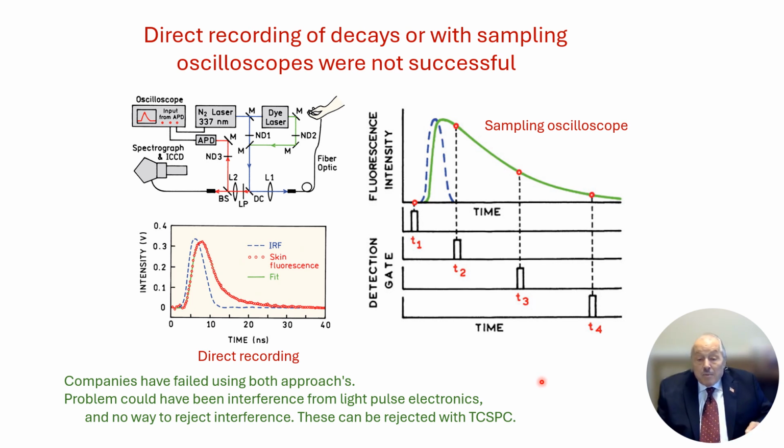There are always problems, seemingly due to light interference or electronic interference with the electronics. The companies who were trying to do that have gone out of business. So these direct measurement methods have been rejected.